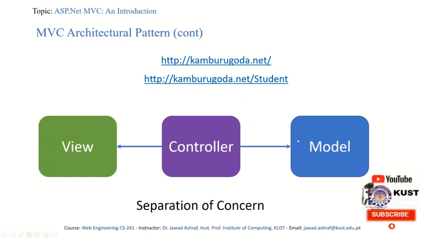Model is responsible for handling data related operations, and view is responsible for displaying the data and getting input from the user. So this is sometimes referred to as separation of concern.